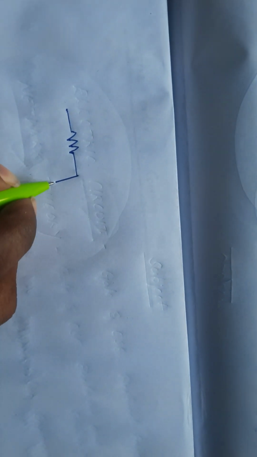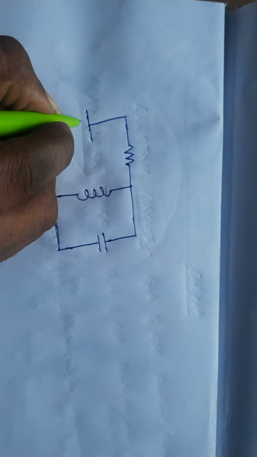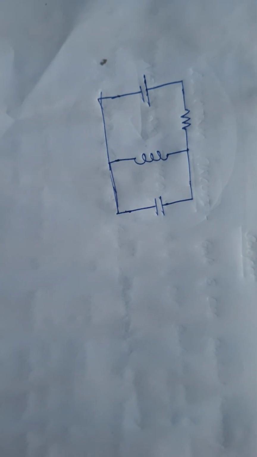Closed path. Okay, for example, let's take a resistor, this is the inductor, and here we have a capacitor. This is the source. What is this?